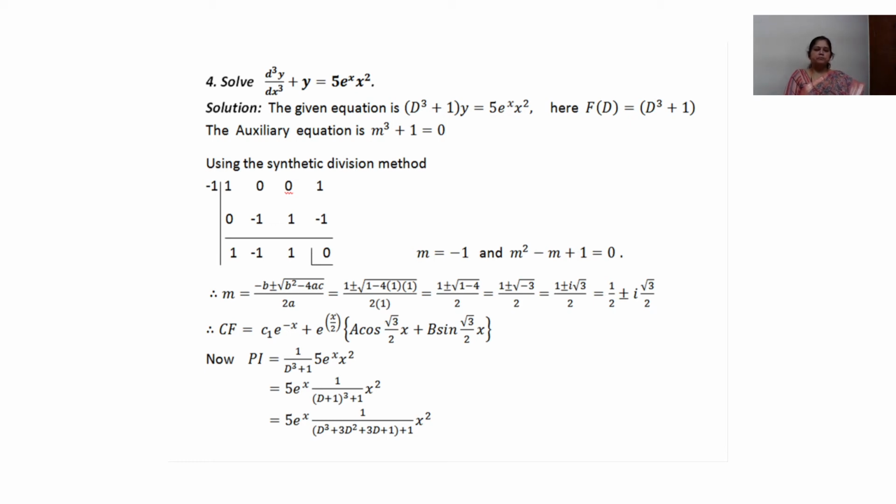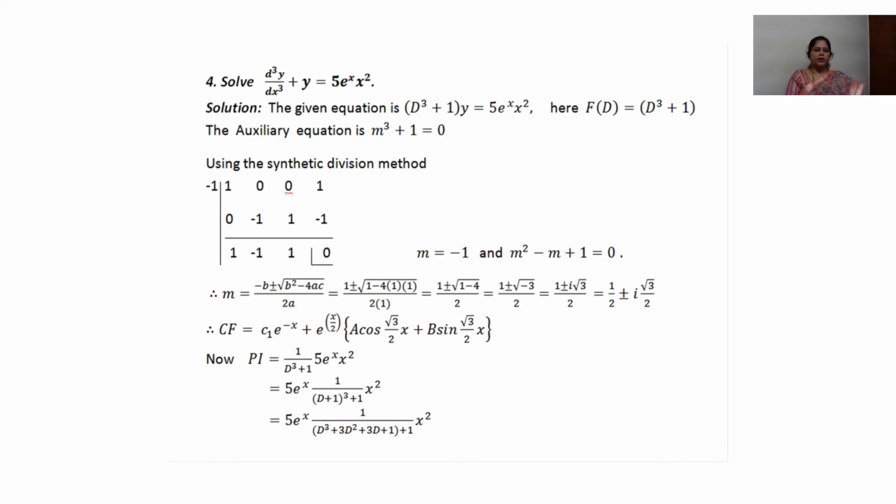So we are trying with minus 1. In the first row we take the coefficients of m cube, m square, m and the constant. In the second row, the first entry should always be 0. Vertically adding these two, 1 plus 0 is 1. Then cross multiplication with minus 1 gives minus 1, which we write in the second row, second element. Again vertical addition: minus 1 plus 0 is minus 1.